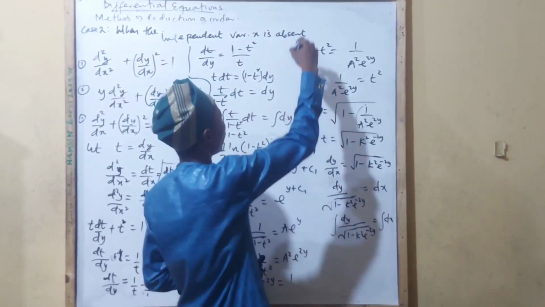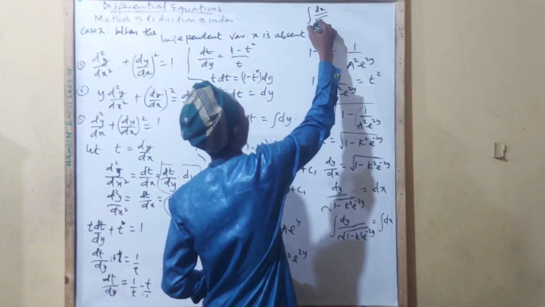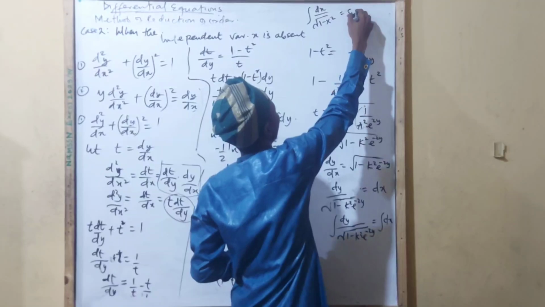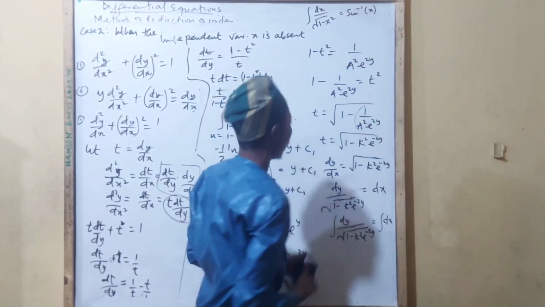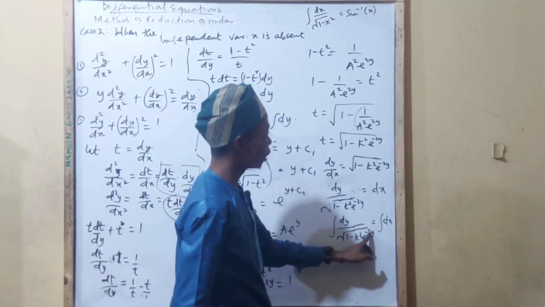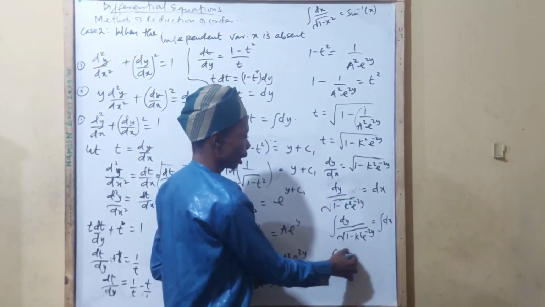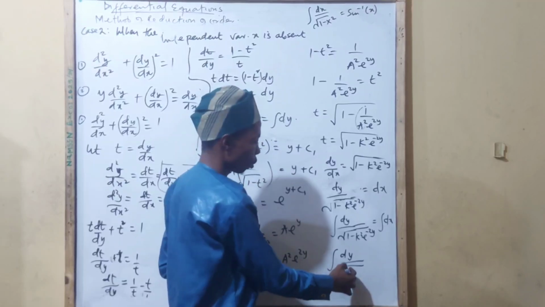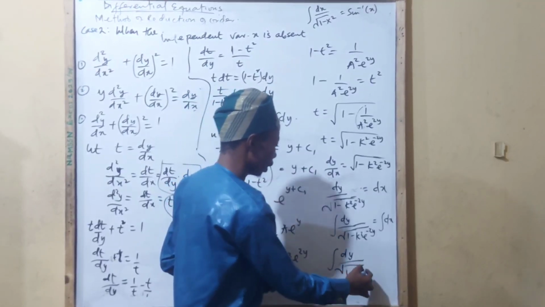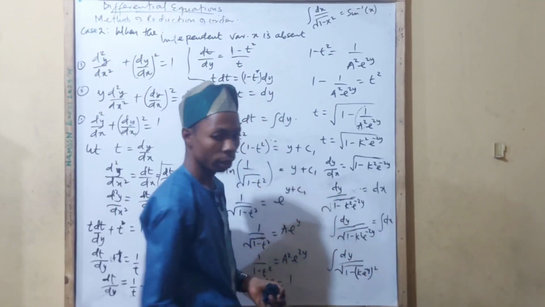If you remember from elementary calculus, anytime we are integrating a function divided by square root of 1 minus x squared, our answer will be arc sine, inverse sine of x. So what we are just going to do here is write this k squared e minus 2y in square form. So we can express it as dy over square root of 1 minus k e minus y all squared, right?